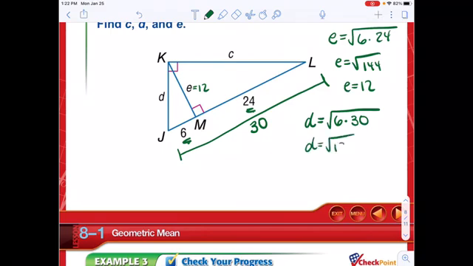I don't think that one turns out quite as well. We'll check and see though. Nope, not quite. So this is approximately 13.42. But if it asks for a perfect square root, we take the factor trees.